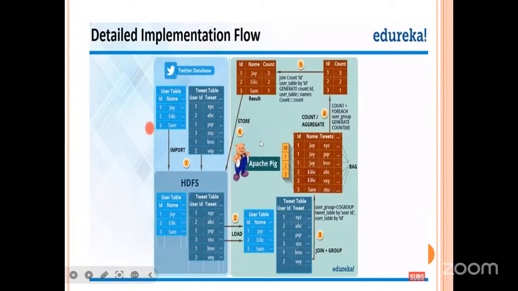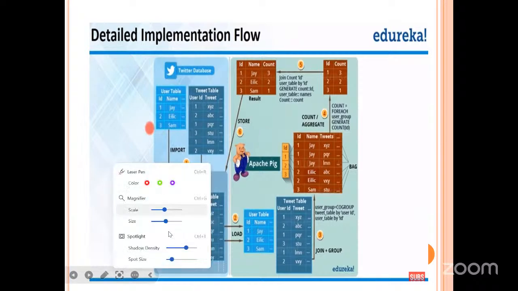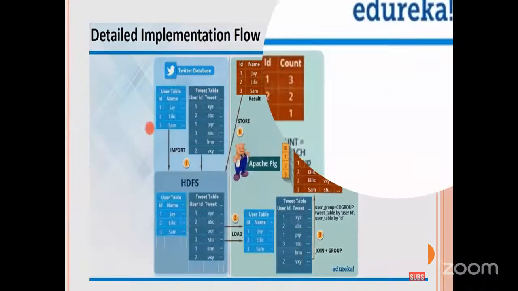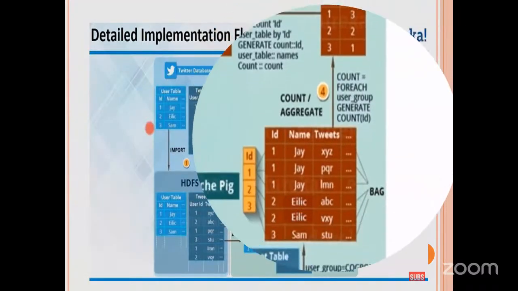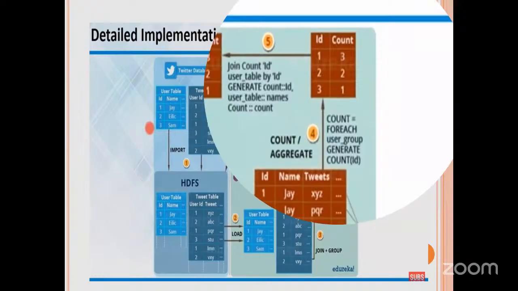Clear? Next, you perform a count or aggregation function here. Just see, can you see here? The same person has given multiple tweets. After that, you're going to put it into count.